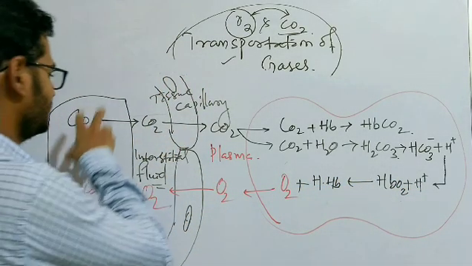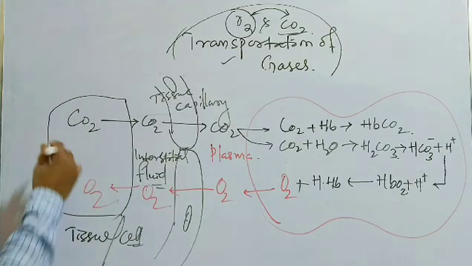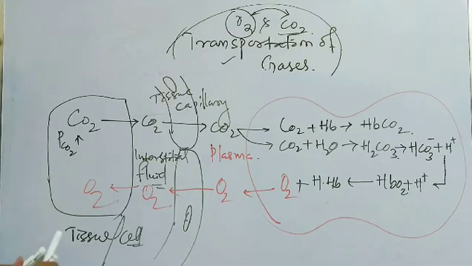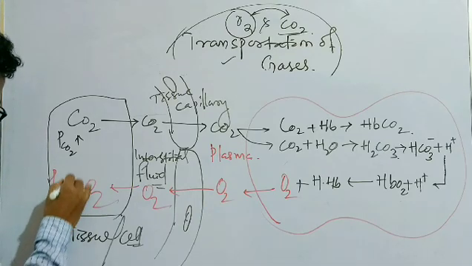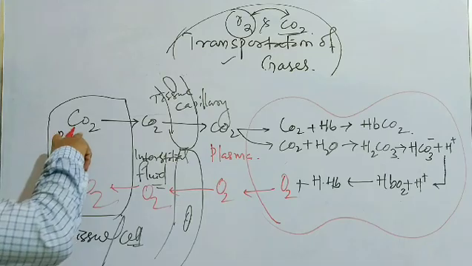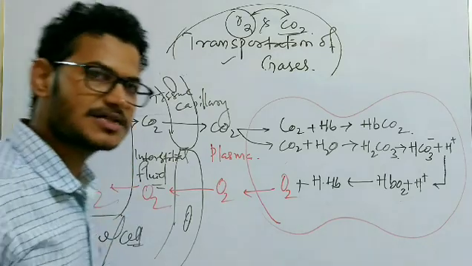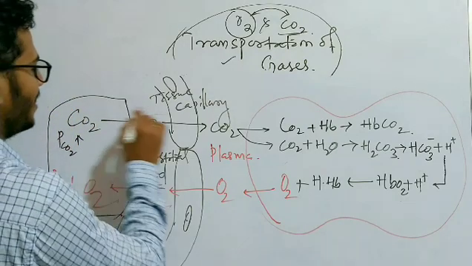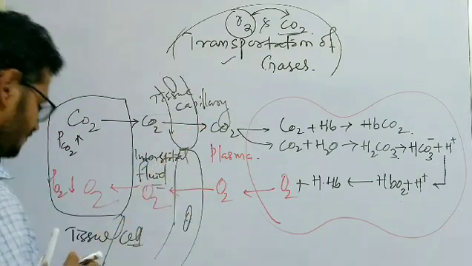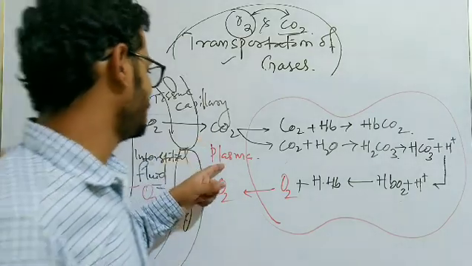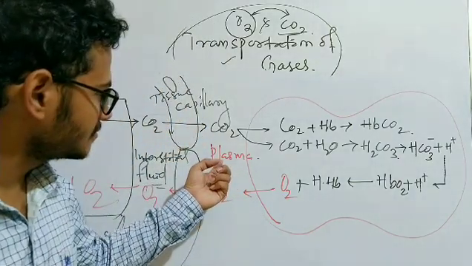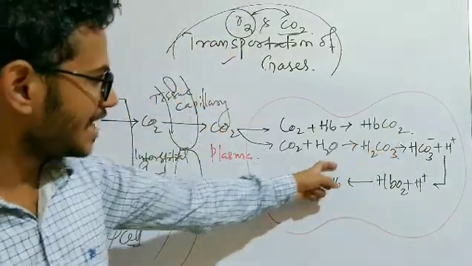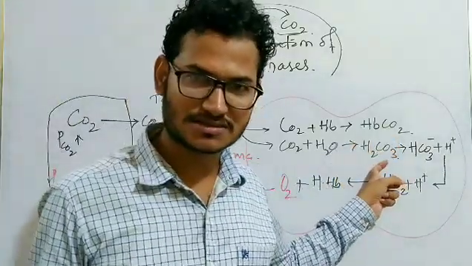So the carbon dioxide has higher partial pressure, here the partial pressure of carbon dioxide is high and that of the oxygen is low. So from higher concentration or higher partial pressure of carbon dioxide, that means from the cell, it will pass to the blood where it will diffuse to the plasma 7%, bind with hemoglobin 23%, as bicarbonate 70%.